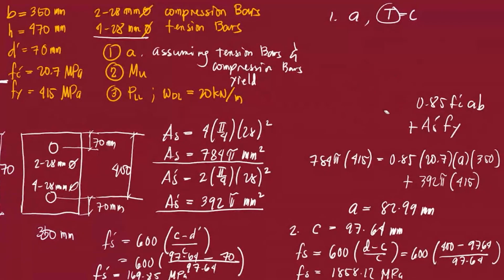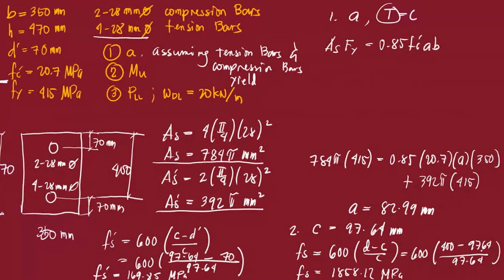This time, the formula will be like this. I will write it. The formula we mastered: As, the area of steel in tension, multiplied by Fy. We use Fy because we already know that it yields. This is equal to 0.85 Fc prime ab plus As prime multiplied by, instead of Fy, what we use here, since you know it does not yield, is Fs prime.